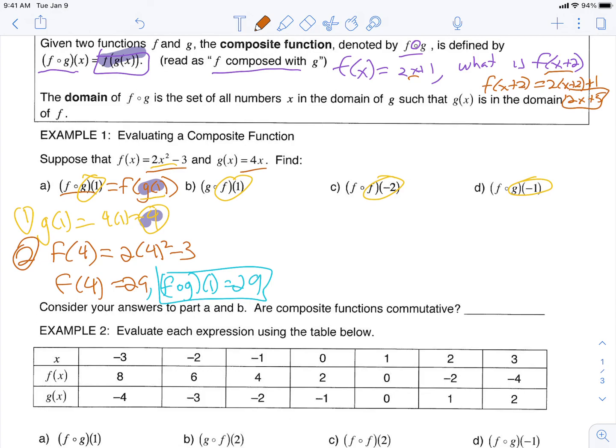Now this time it's g of f of 1. Again, it's good practice just to go ahead and rewrite it like this, g of f of 1. And the first thing we do is find f of 1. Well, that's going to be 2 times 1 squared minus 3, which is 2 times 1 minus 3, negative 1.